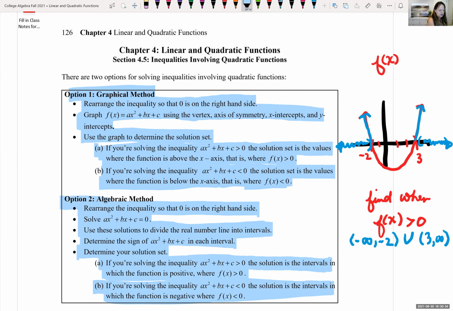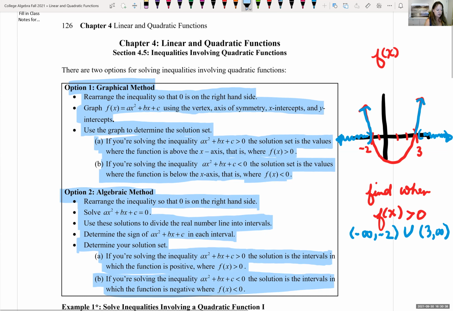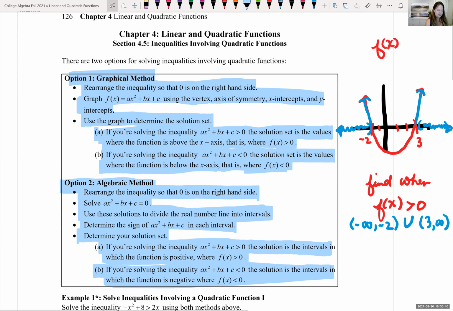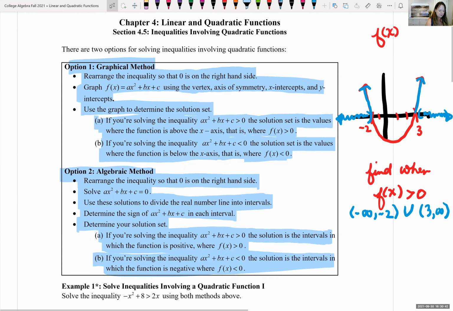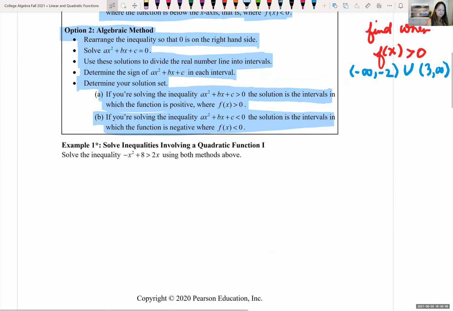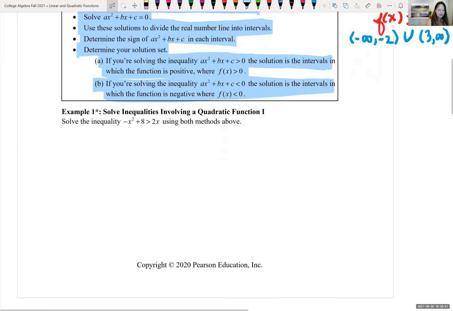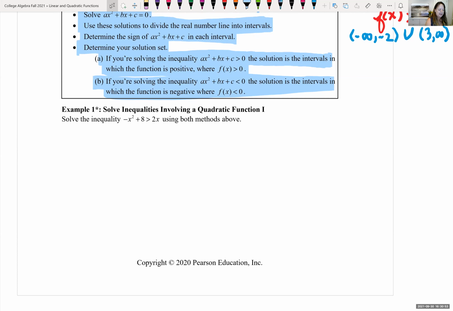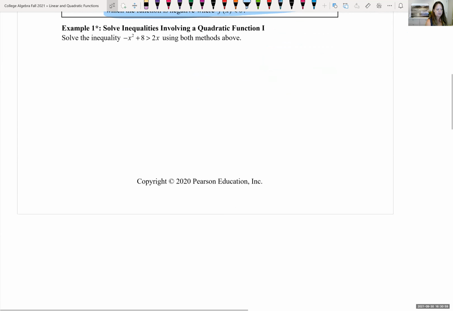Okay, so now recalling those two methods from the past course, let's look at them. The first example says, solve the inequality involving a quadratic function. Solve the inequality negative x squared plus 8 is greater than 2x using both methods above.